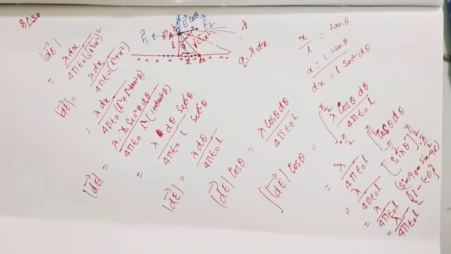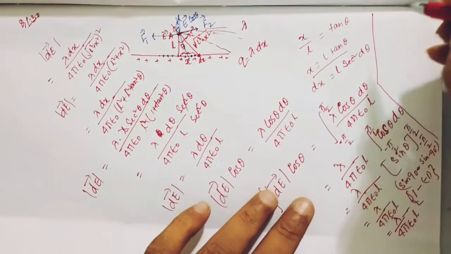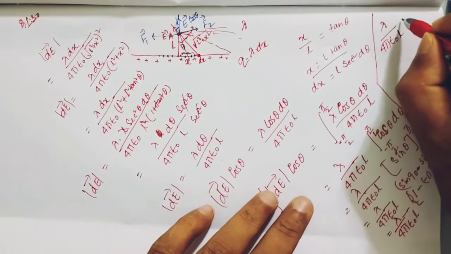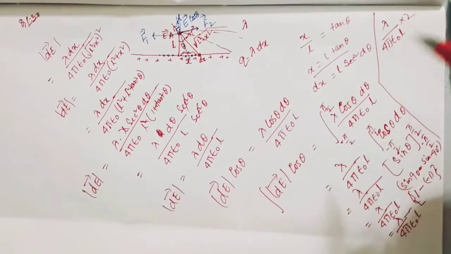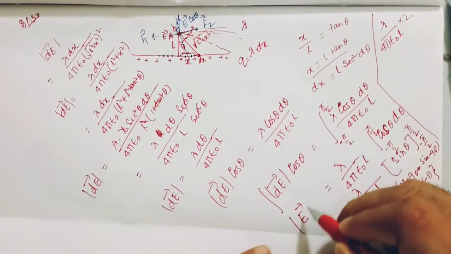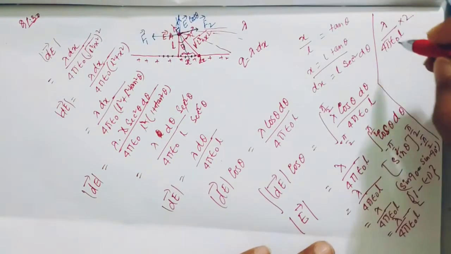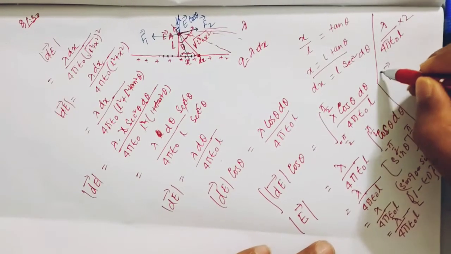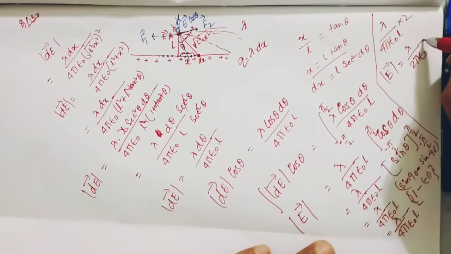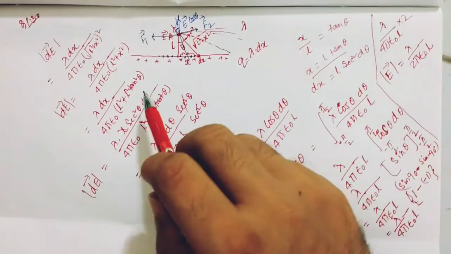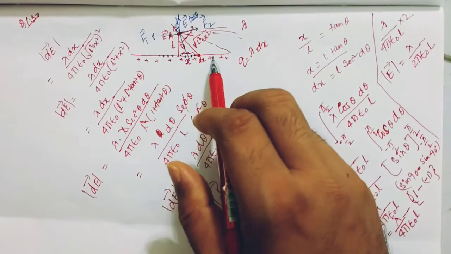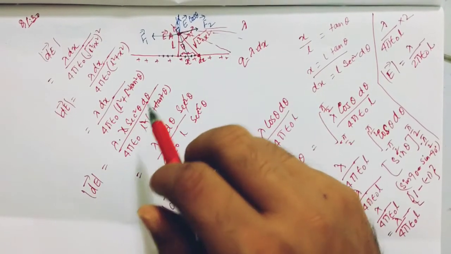So this is coming lambda by 4 pi epsilon naught L into 2. So the electric field will be lambda by 2 pi epsilon naught L. This is the net electric field due to an infinitely long charged wire.